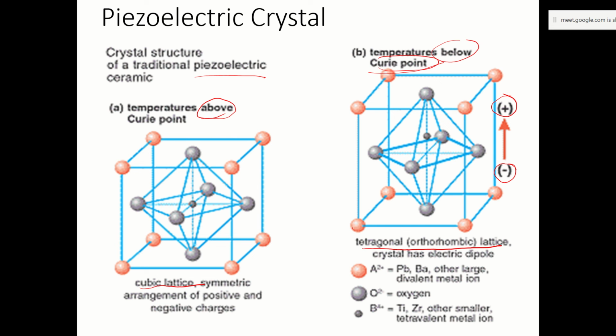The charges you are seeing are divalent metal ions, Pb or barium, this one is oxygen, and the third, smaller one is titanium or zirconium, a smaller tetravalent ion. These man-made structures have typical piezoelectric behavior.